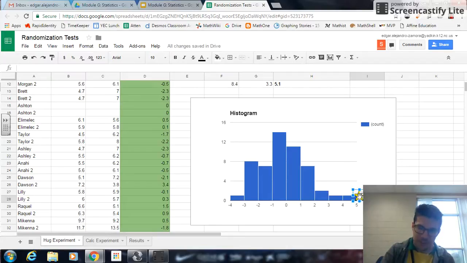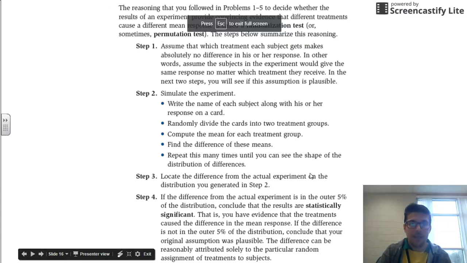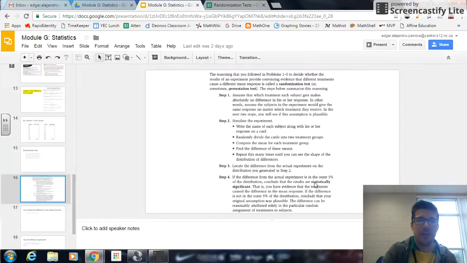Because this value is in the outer 5%, it is the outermost value actually, you can conclude with good reason that the treatment actually caused the response. In other words, that the hugs actually caused the good grades. But again, you couldn't just say that because of one experiment.